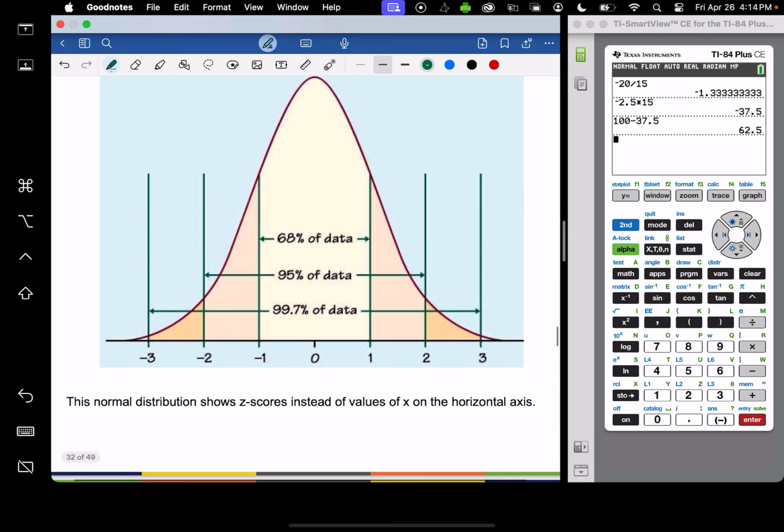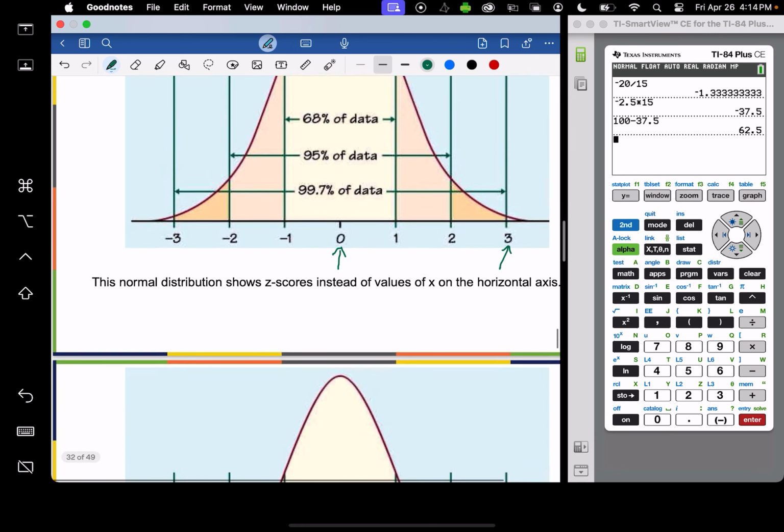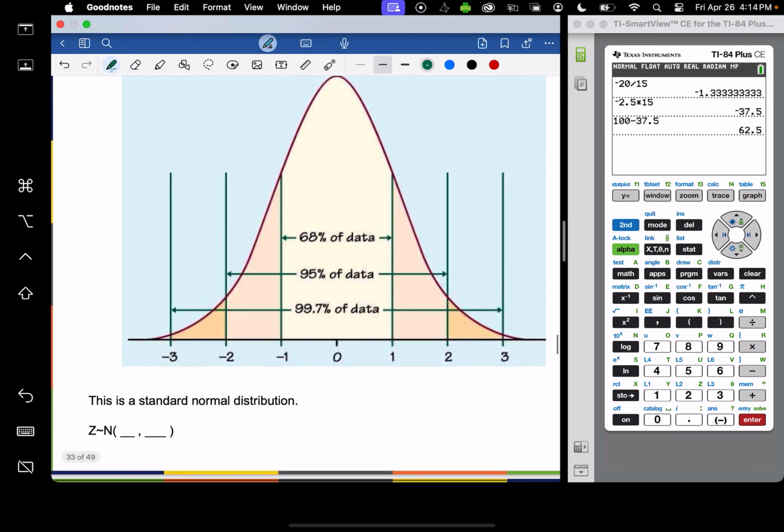I'm showing you here that there are z-scores instead of x values on the x-axis. So anybody who is exactly average has a z-score of 0. Or somebody way over here has a z-score of 3. The standard normal distribution has a mean of 0 and a standard deviation of 1.